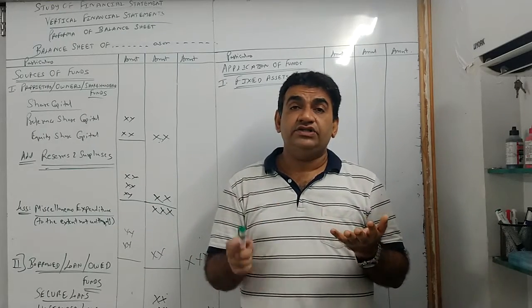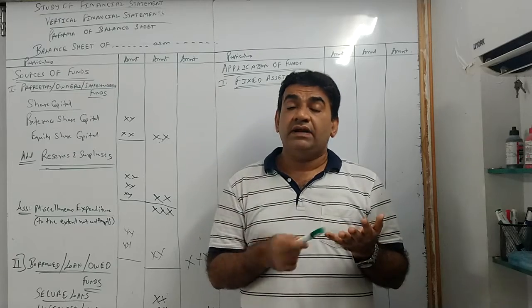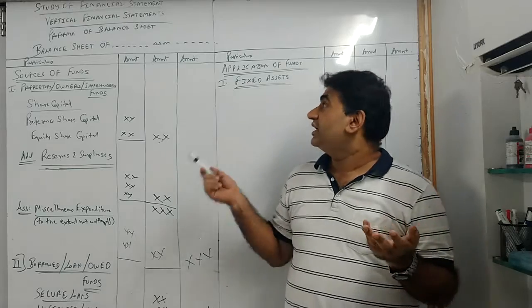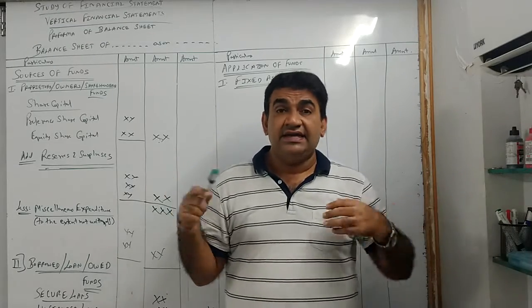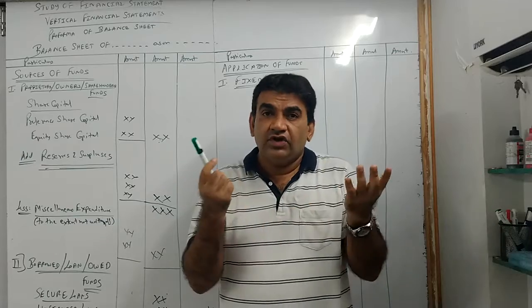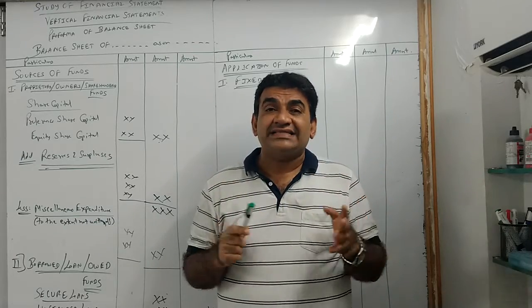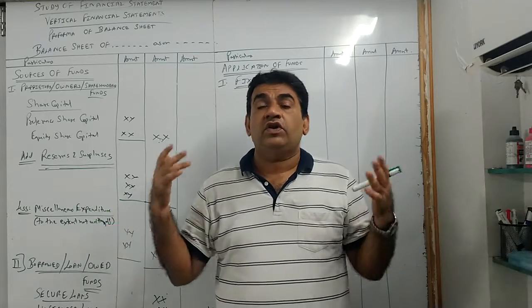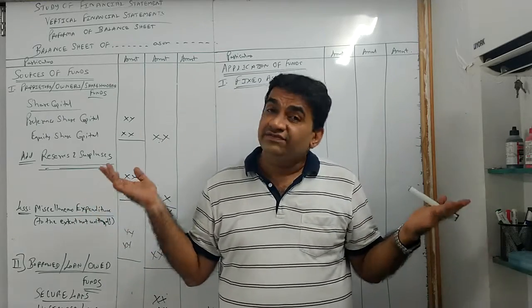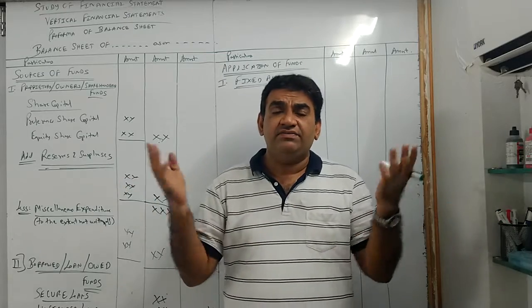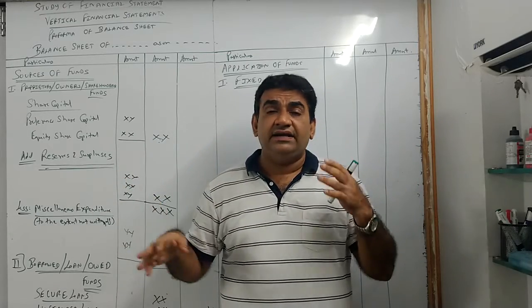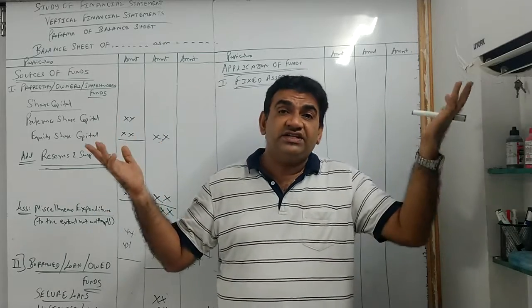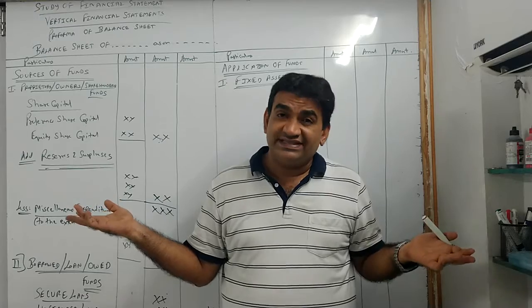Land, building, furniture, computer, laptops, plant, machinery, typewriters, all that comes under the heading fixed assets. Remember, you are done in SYBC also, na? So all assets which are either tangible or intangible, used for a business for a longer period of time, are called fixed assets. Light fittings, air conditioners, all are a part of your fixed assets.